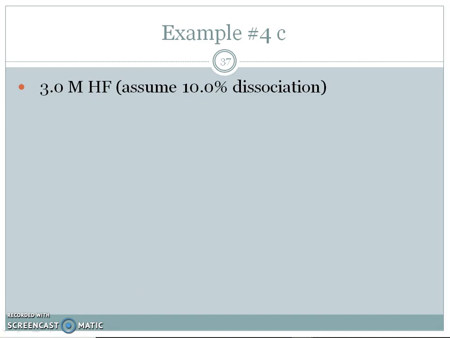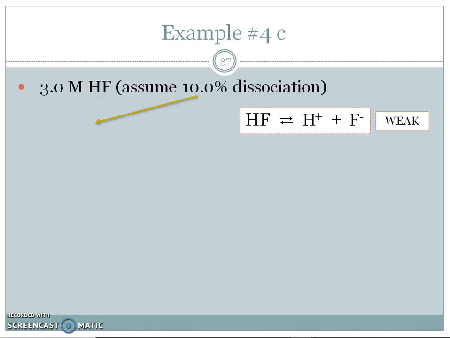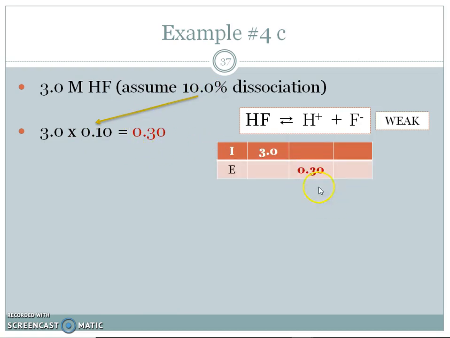4C, now what the heck does this percent dissociation mean? Well, HF is a weak acid, so here's our reaction again. HF is in equilibrium with H plus and F minus. So what's happening is that 10% is telling me that 3 times 0.1, there's our 10% dissociation, that's how much H plus ions we really have in there. So let's look at that ice box, right?